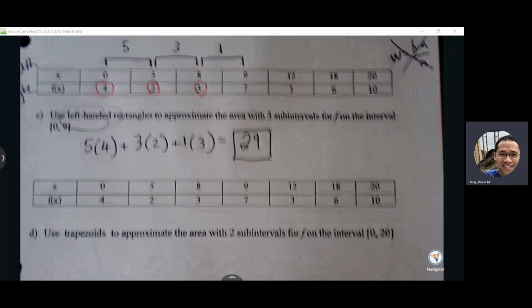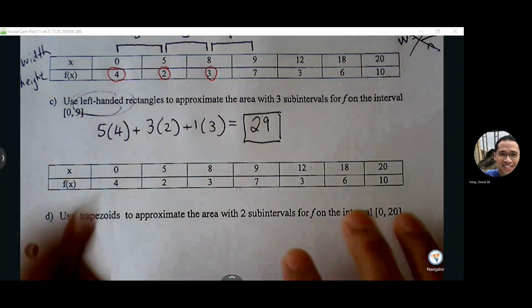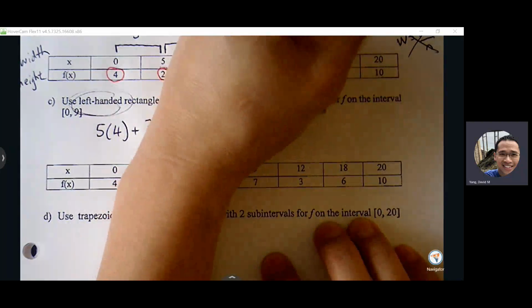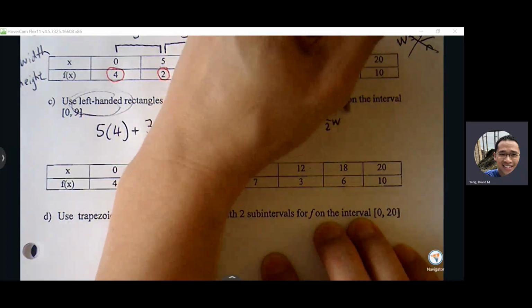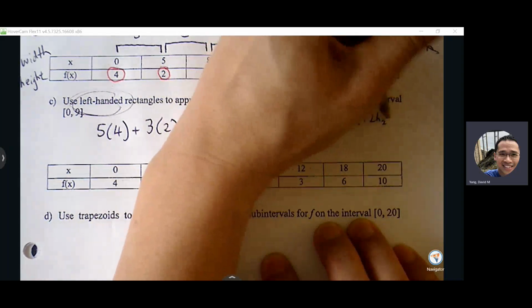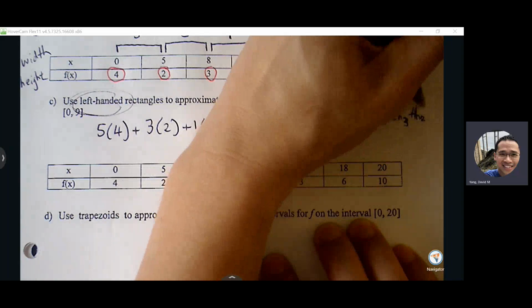Okay, I want to do a trapezoid here because we haven't talked about that yet. Now with trapezoids, we can't do this, okay? We're not going to be able to factor the width out and double all the heights because the width is not the same, and we can't merge all the heights together.